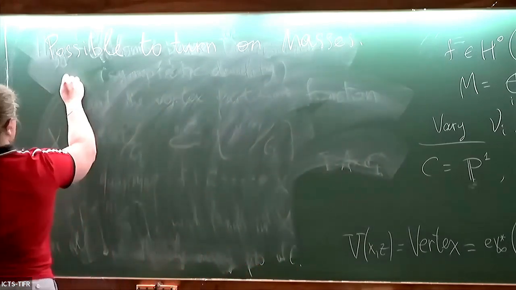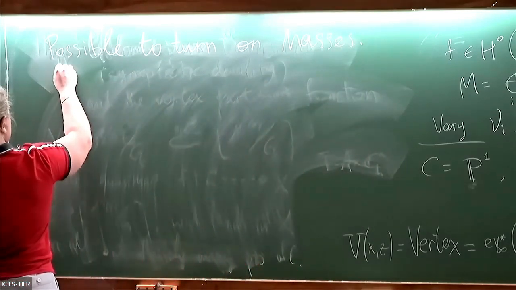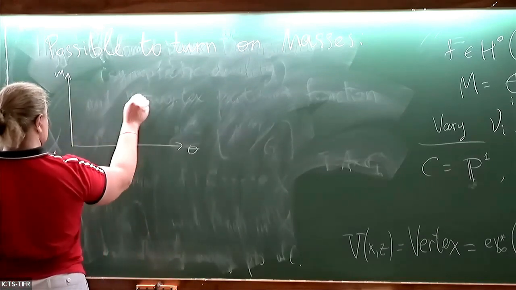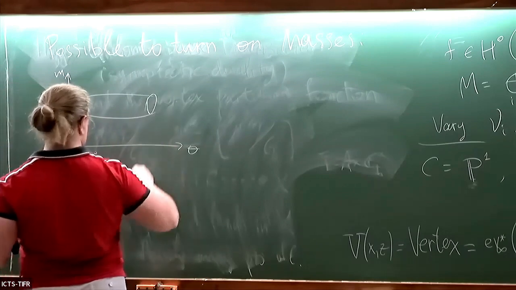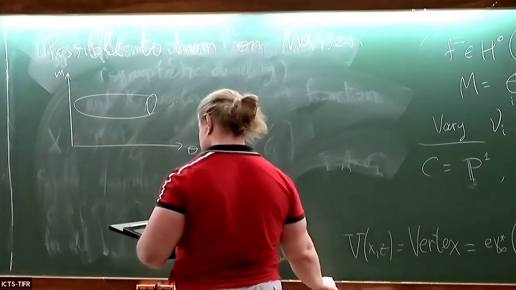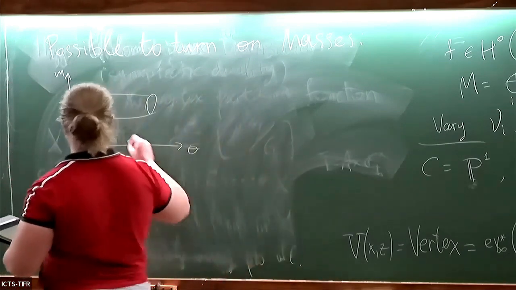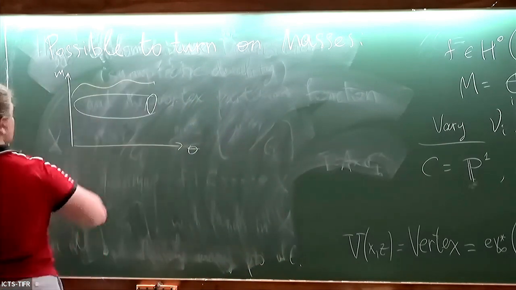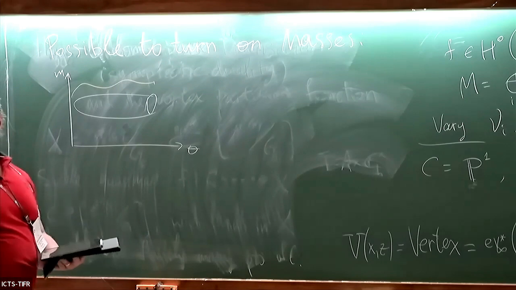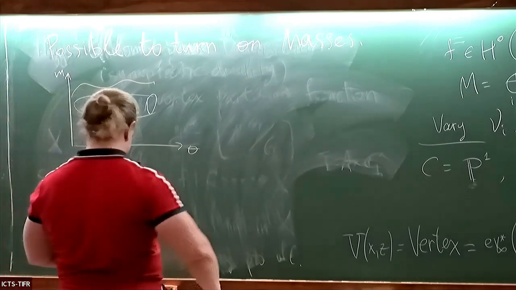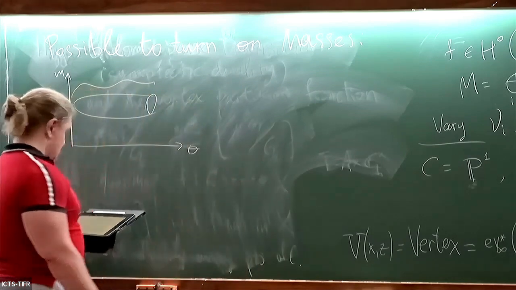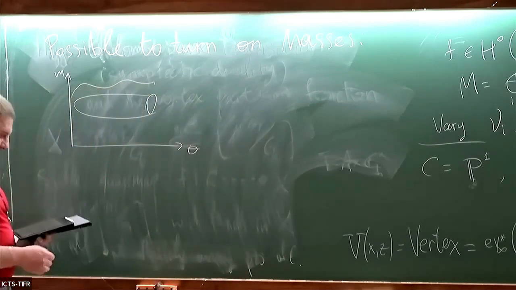Roughly, you can imagine that if this is mass and this is the theta direction, and here is our cigar, you can turn on some mass profile along the cigar. At the same time, it requires also turning on some magnetic field for the flavor symmetry.